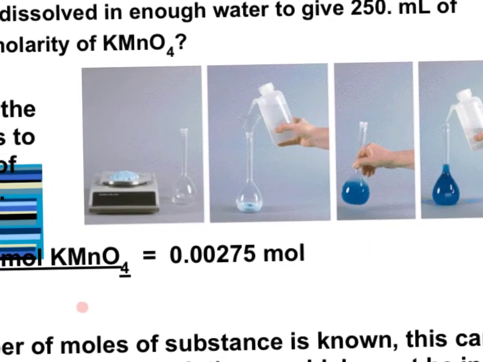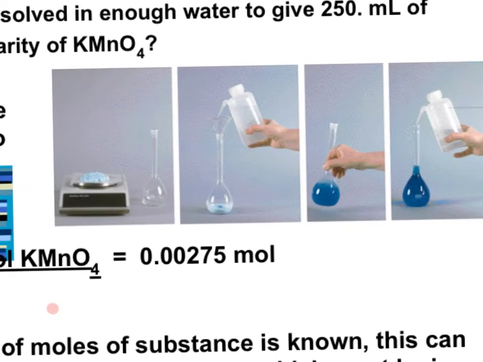So, in order to figure out the molarity, you're going to have to figure out the mass of your potassium permanganate, so we could take a scale and weigh that. You want to put it in this volumetric flask.